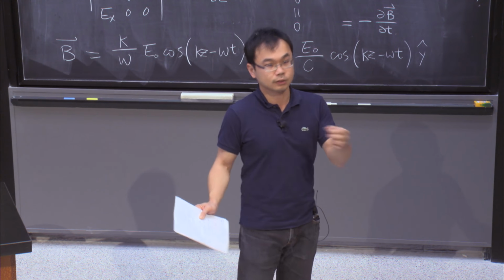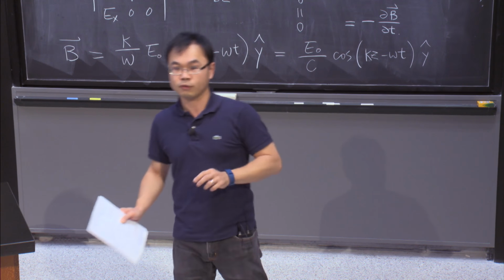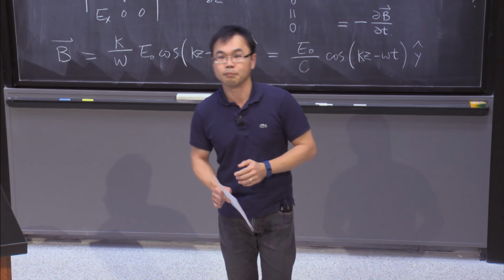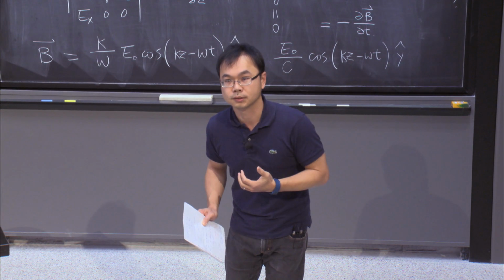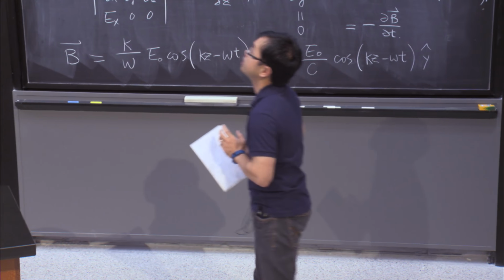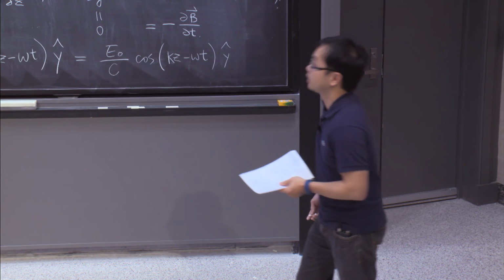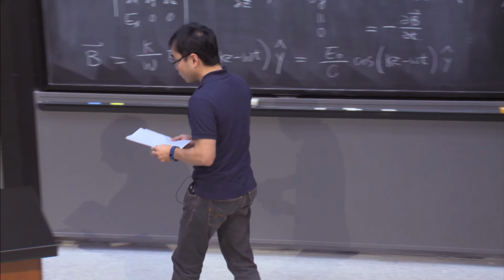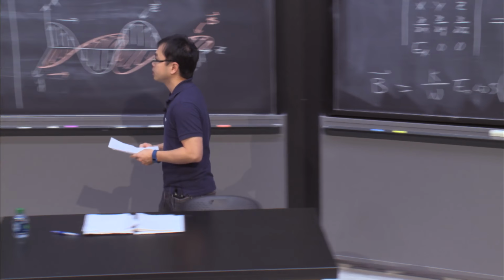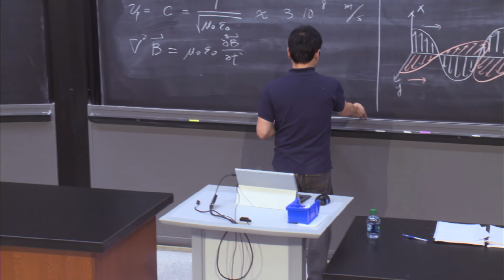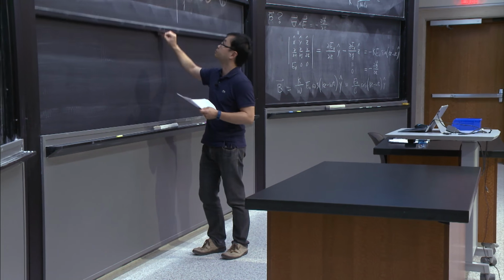Otherwise, all those electrons will continue to move around until this cancellation happens. So that's what I mean by a busy world and by a perfect conductor. If I put this conductor into the game, what is going to happen?